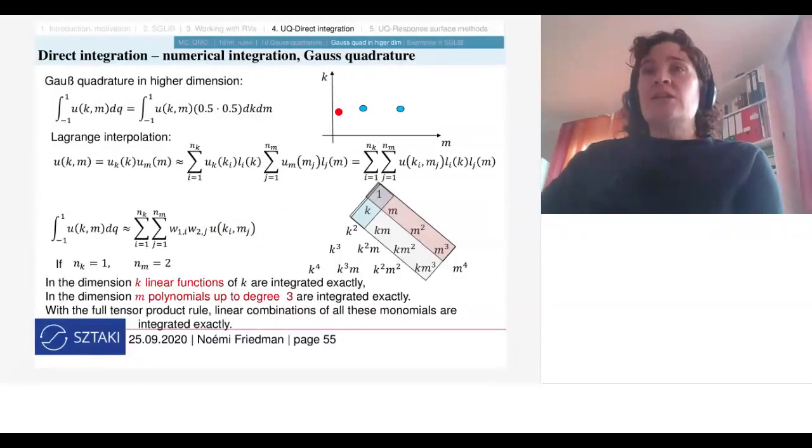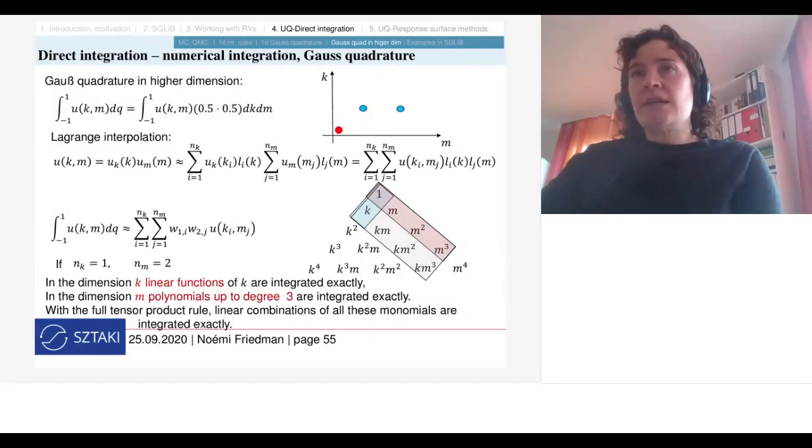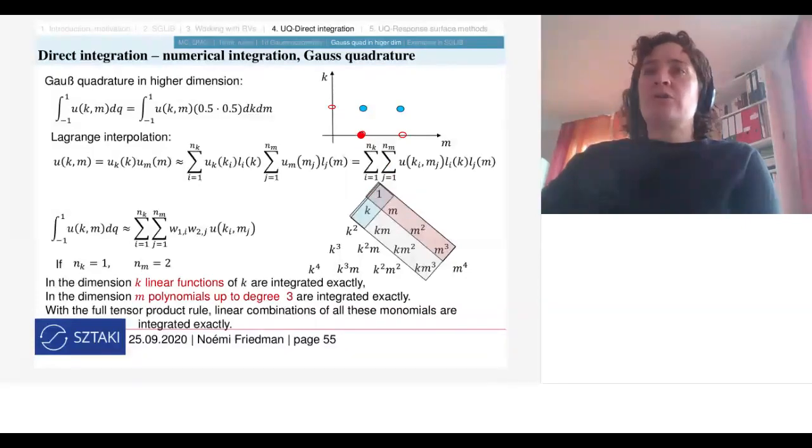1D rules. So if I have a 1-point estimate in this direction and a 2-point rule in the other direction, then the tensor product rule will be taking all combination of these coordinates. So in this case, it's only these 2 points.